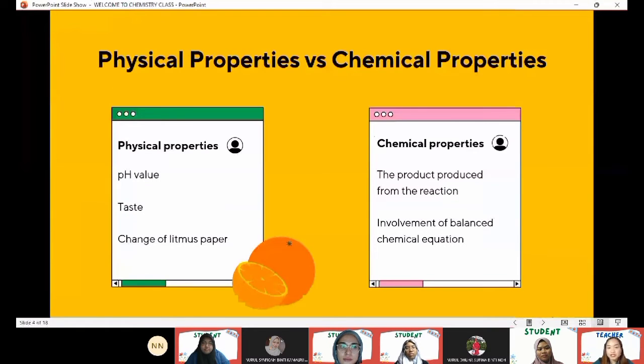Okay, before we go further to the chemical properties, I want you to know the difference between physical properties and chemical properties.